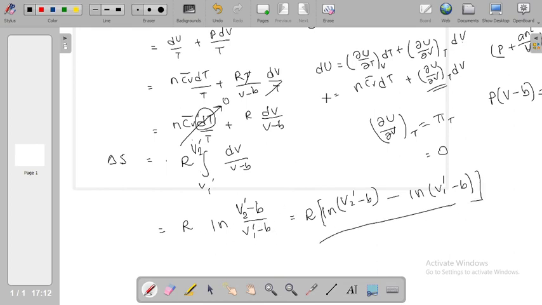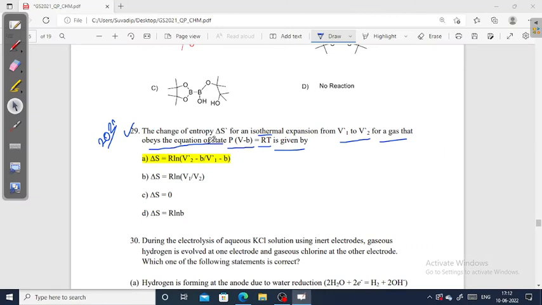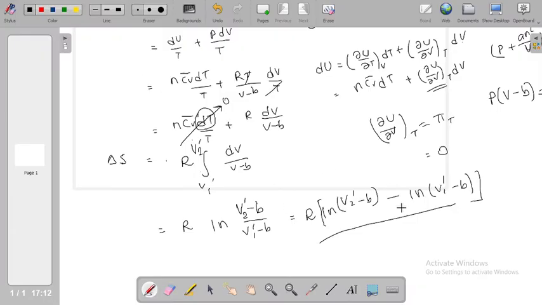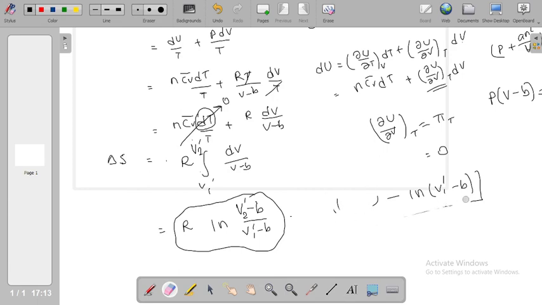So let's check which options we have. The ln function just takes this term, so this term will be the answer.